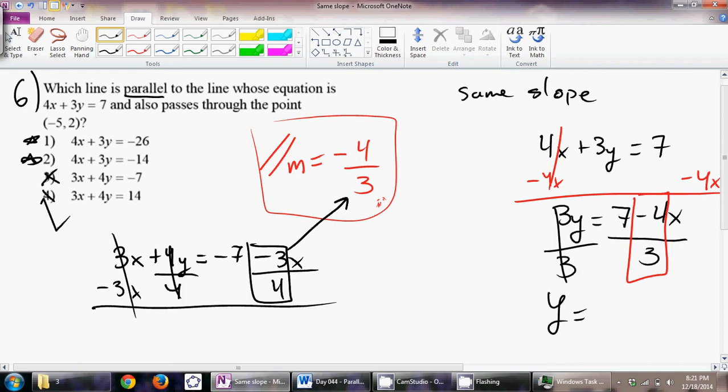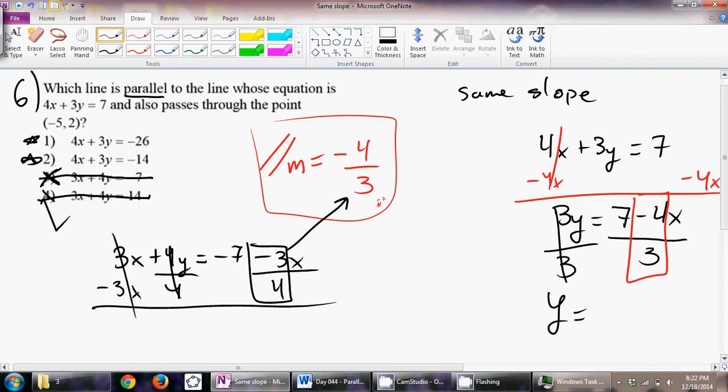They're not identical. I don't have minus 4 over 3. I've got minus 3 in my numerator. So I know this is a bad answer. It's not parallel. And it's the same thing with number 4. The only thing that's different between these equations are the y-intercepts. So right off the bat, I can cross out those two problems.